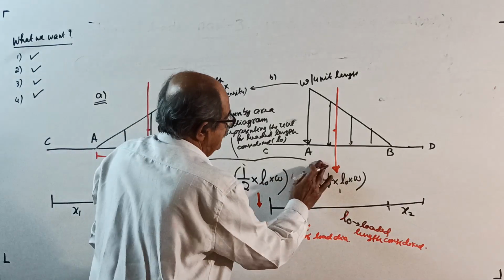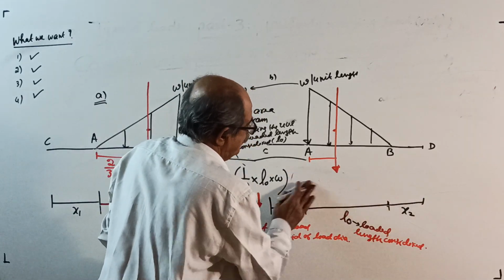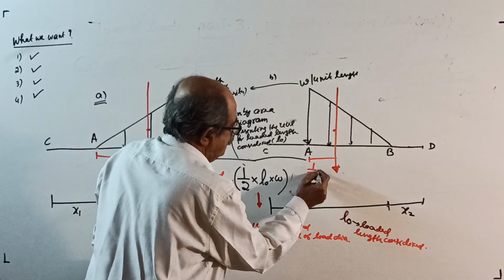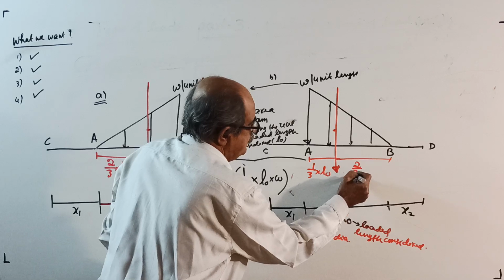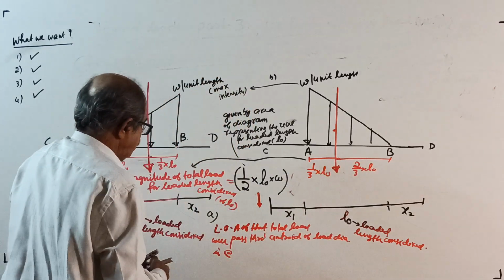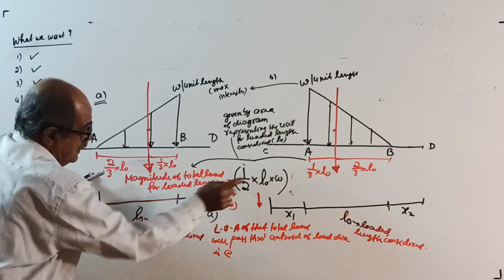Here, space is not there, I'll remove that one. Okay. This is 1 by 3 of L naught. This is 2 by 3 of L naught. You write for this one. See, this statement for A you write right here. Not there, right here.